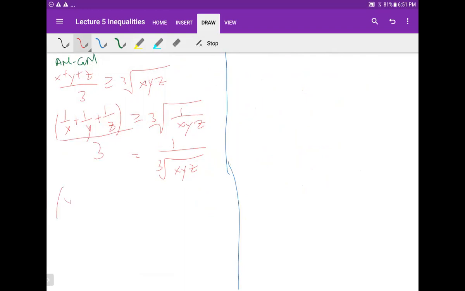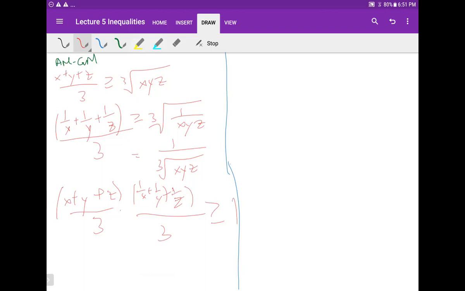x plus y plus z over 3 multiplied by 1 over x plus 1 over y plus 1 over z over 3 is greater than or equal to the cube root of xyz times 1 over the cube root of xyz, which is 1.